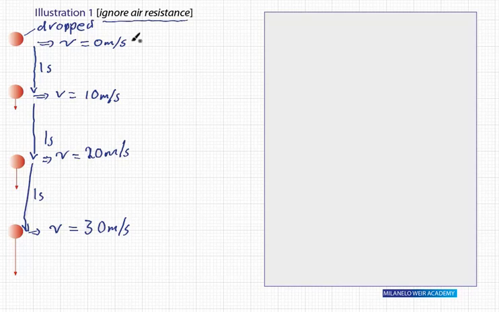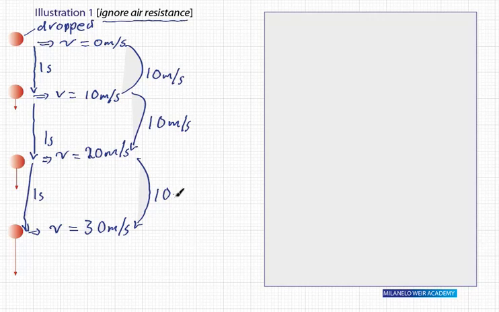What do we notice? From here to here, the speed changed by 10. Up to here is also 10 meters per second. From here to here, the speed changed by 10 meters per second. From 0 to 10, the difference is 10. From 10 to 20, the difference is 10.